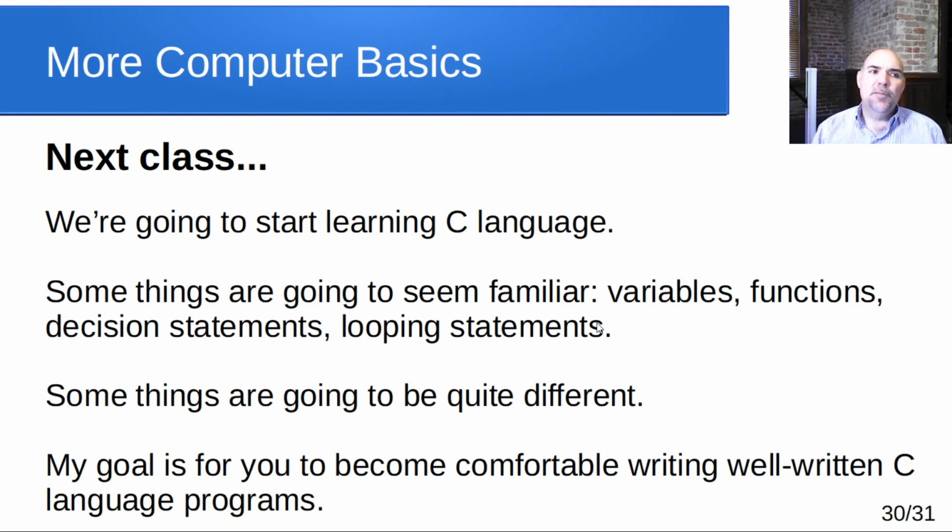Some of that's going to be a little bit lower level than you're used to. My goal for this class is for you to become comfortable writing well-written, safe C language programs. And we're also going to add some C++ toward the end of the semester, so I want you to be able to distinguish between this is C and this is C++.